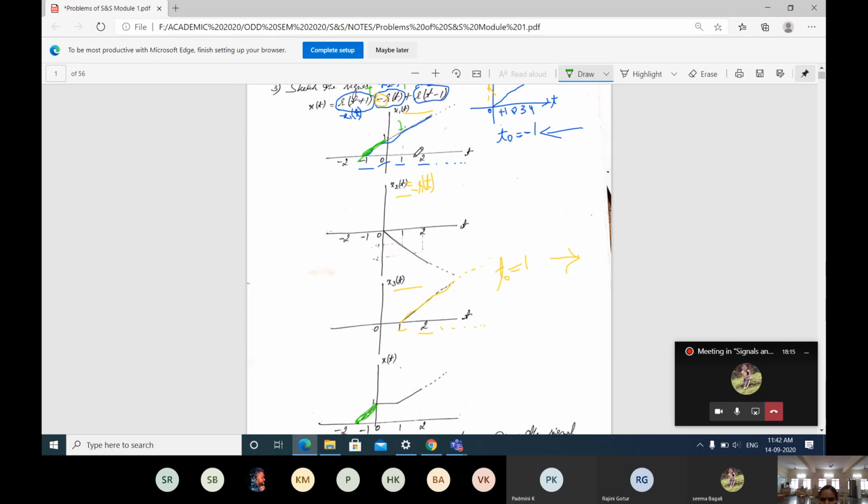From 1 to 2 it is again 3, step by step increment, right? That is our ramp. Based on that we are writing here. Again here, what is the magnitude? At 1 it will be 0, at 2 it will be 1. If I go for 3, it will be 2.